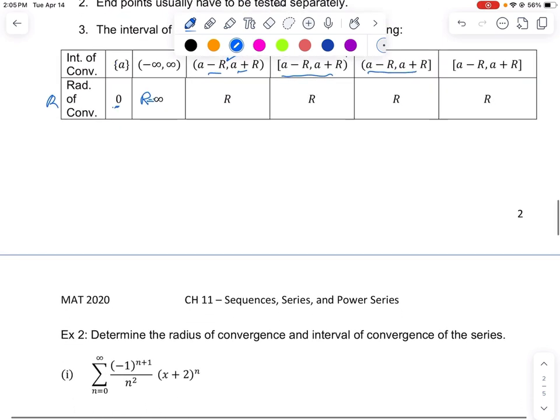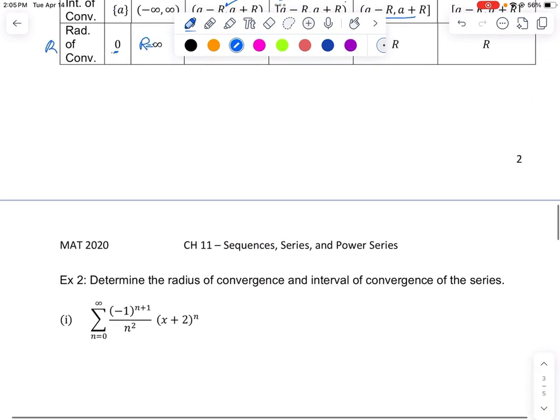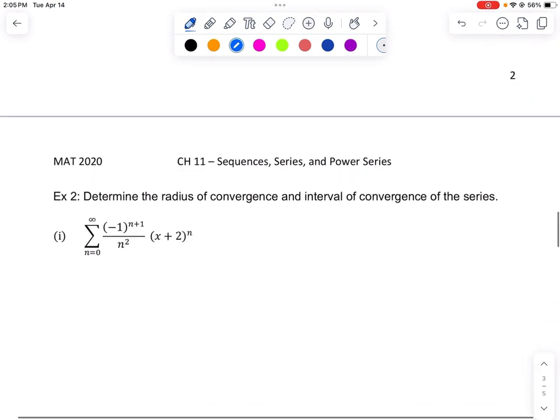So first one, we have to determine the radius of convergence and interval of convergence of the series. Okay, so this is how we start. Remember, the first step is to use the ratio test.